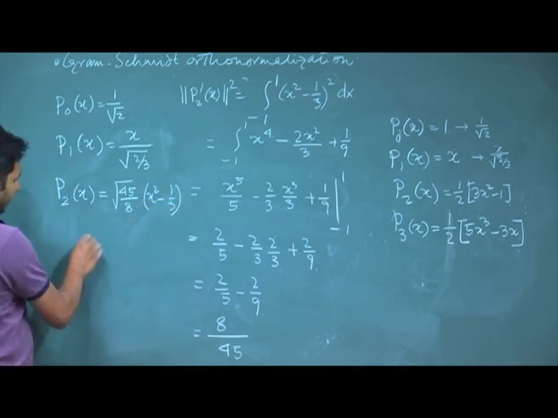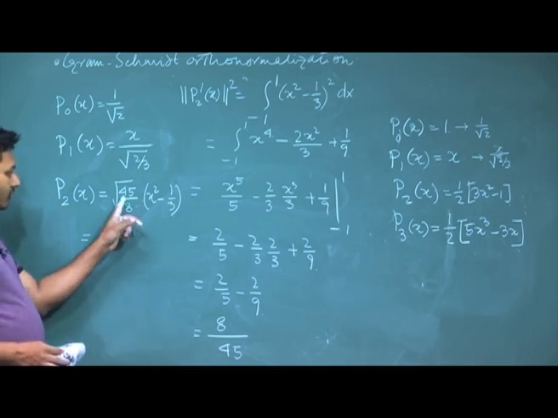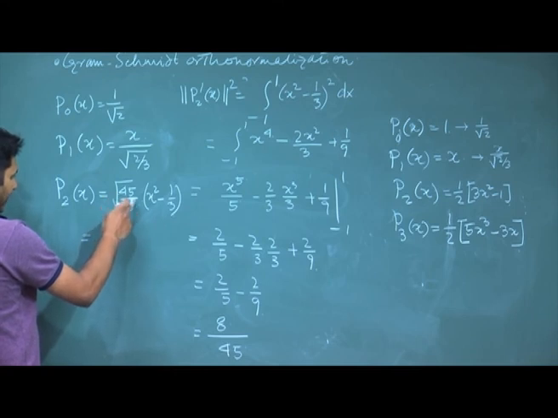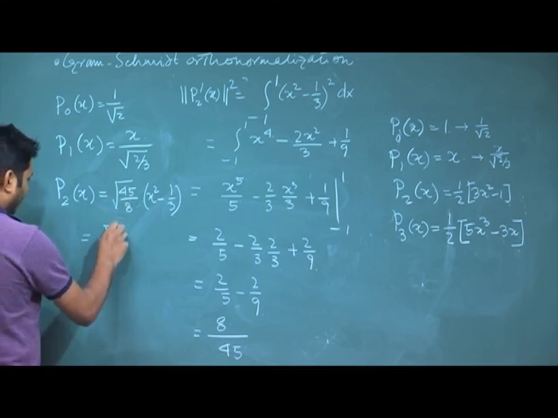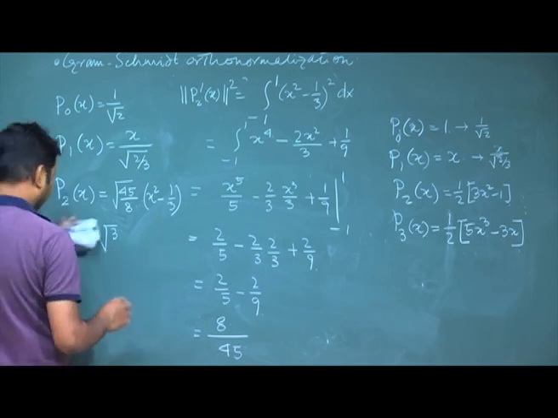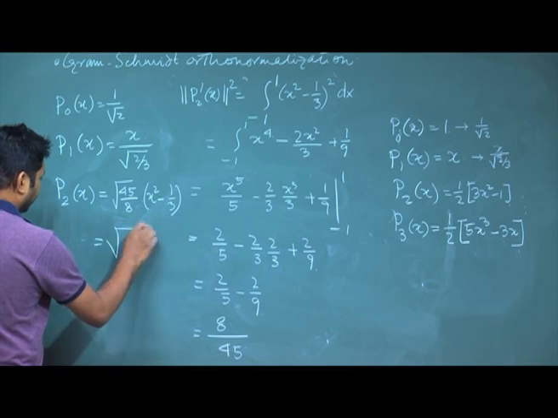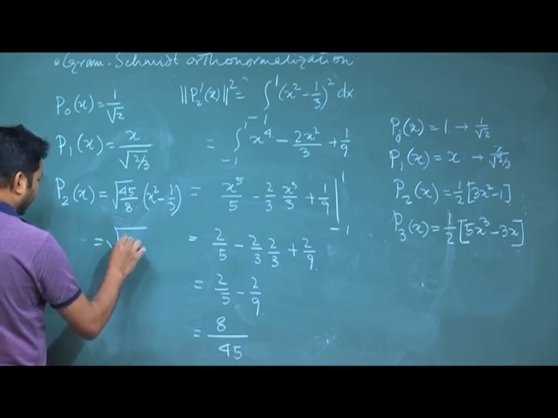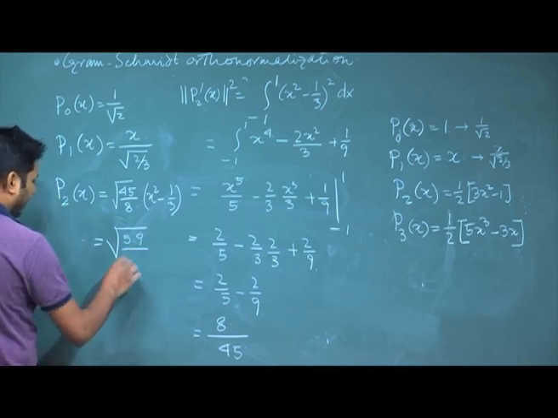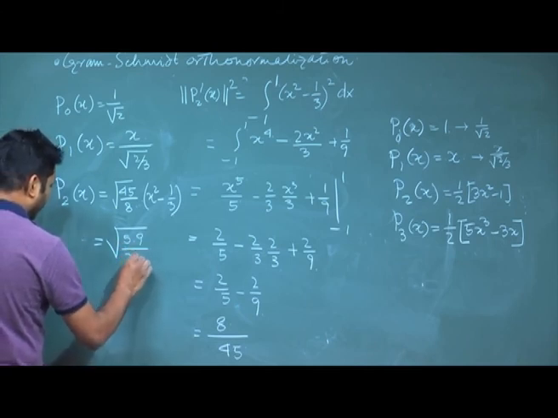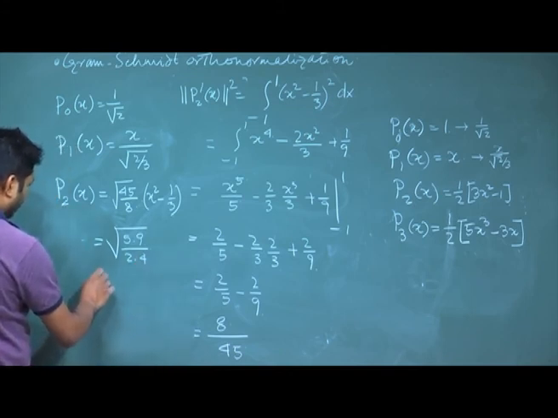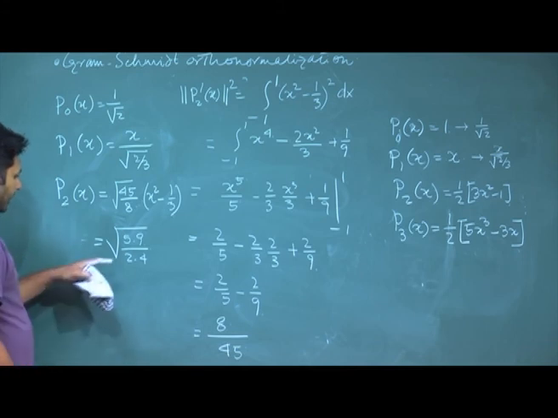Now, if I slightly modify these things, root of 45, I can write as 5 into 9, and then it will be root of 3, something like 5 into 9 divided by 2 into 4.